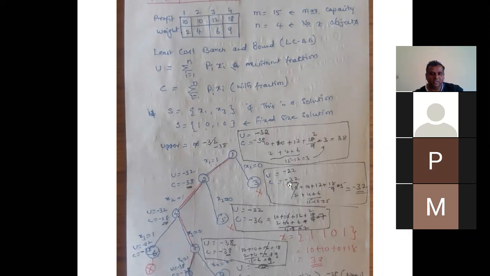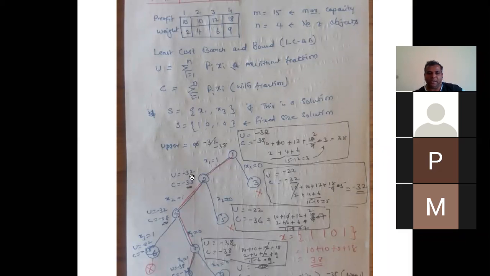The C value of node 3 is minus 32 and the C value of node 2 is minus 38. The U value of node 2 is minus 32 and the U value of node 3 is minus 22. Out of these two U values, which is minimum? Minus 32 is smaller than minus 22.